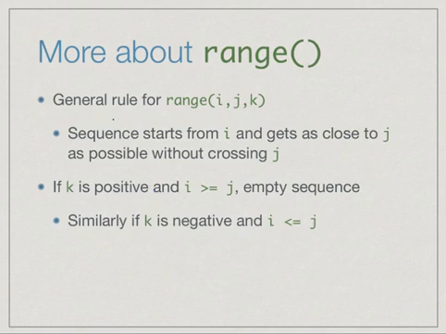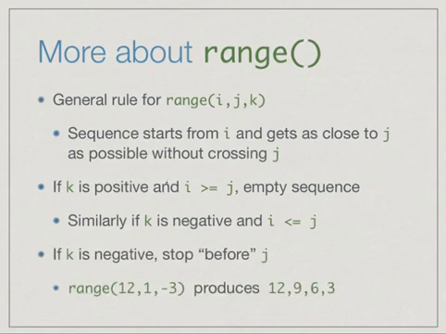So we get an empty sequence. So this idea about not crossing j is the same as saying stop smaller than j, because if we're going in the negative direction, we want to stop at a value larger than j. So you can think of it as before, and before means different things depending on whether you're going forwards or backwards.